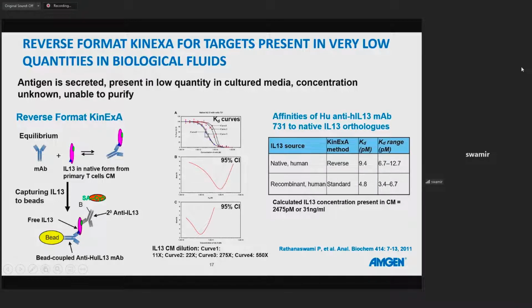When we dilute, the fixed antigen concentration keeps decreasing by whatever fold, and we could generate binding curves, and using KinExA software we could calculate the KD as well as the concentration of the antigen. When we did that, the KD is really very high affinity, 9.4 picomolar, and we also checked with recombinant IL-13. Its affinity is similar to that, and the concentration of IL-13 present in our cell culture media is about 31 nanogram per ml.